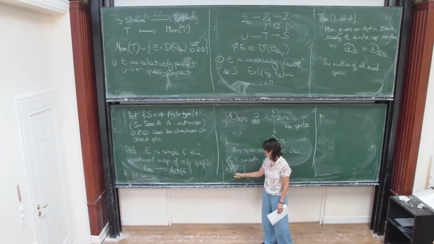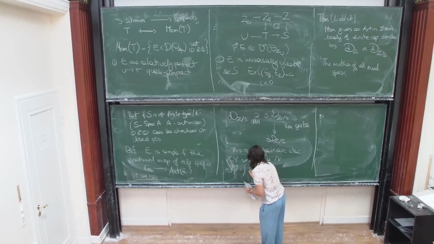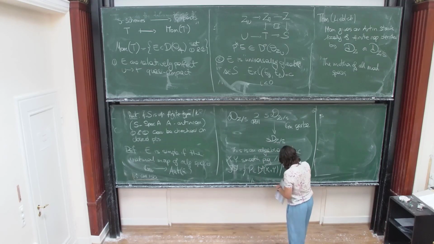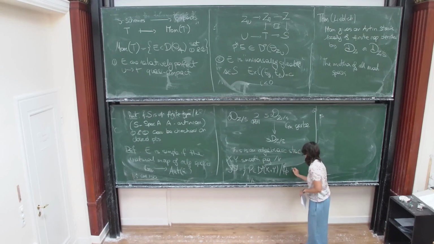It stands for fully faithful, and the reason will be clear. So P in the derived category of X times Y such that the induced integral transform is fully faithful.